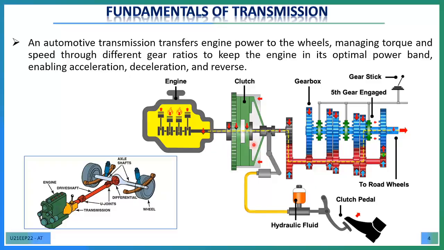We have to use the clutch to manage the different speeds of operation without disturbing the entire operation, or we can say the smooth operation takes place by means of the clutch system.